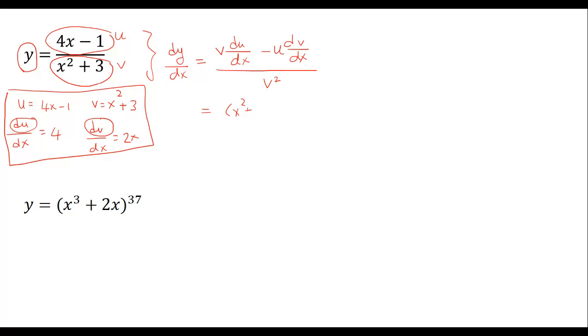We start with v, proceed with du dx, and similarly you have 4x minus 1, and then you have 2x, and we divide them all together by my x square plus 3. Do not forget the square for your v. Once you have this, you can simply solve it.